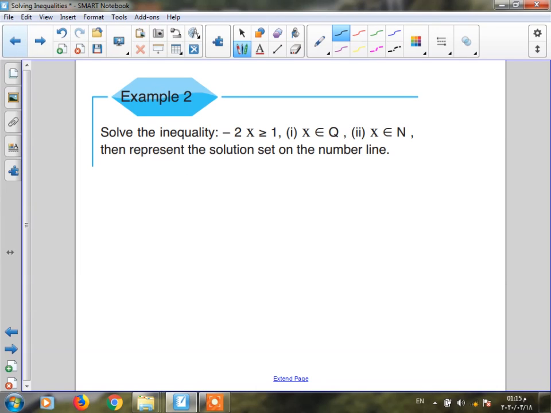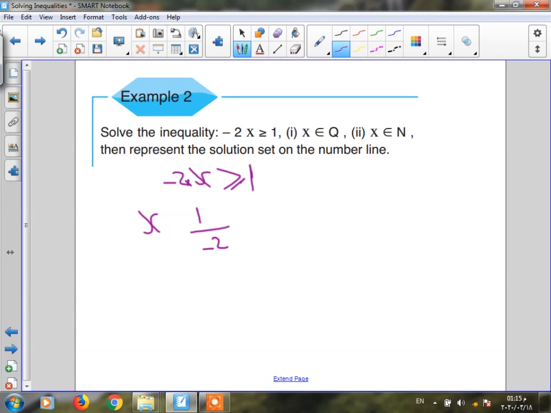If I have an example like this, negative 2x more than or equal to 1. Negative 2 times x. I want to move negative 2 to the other side by dividing, because it's times. So x is 1 over negative 2.